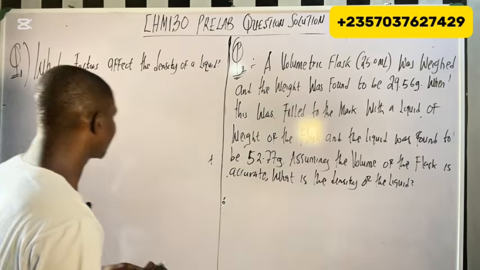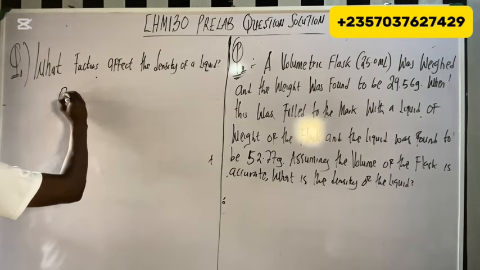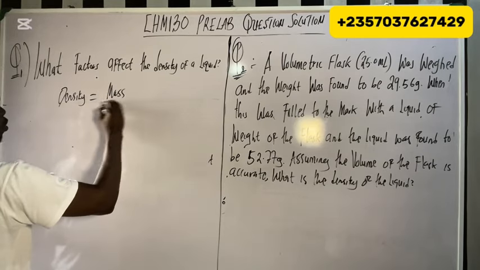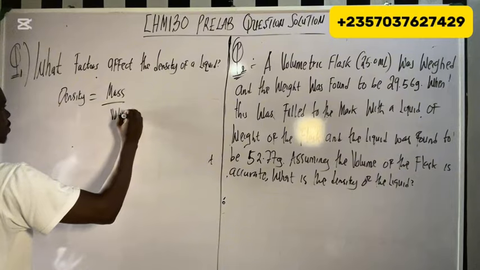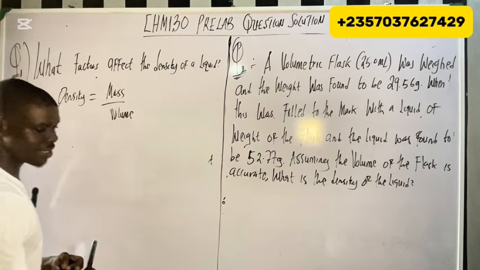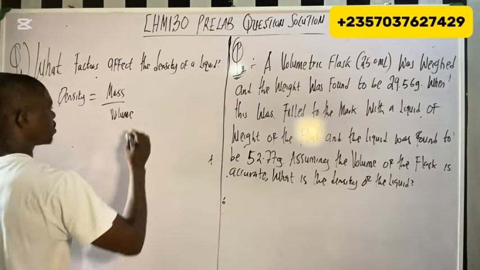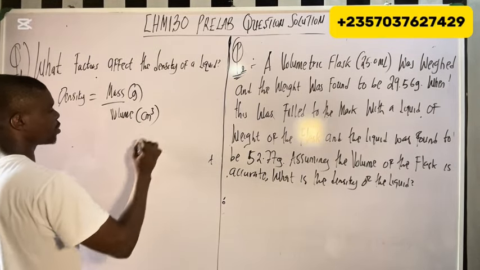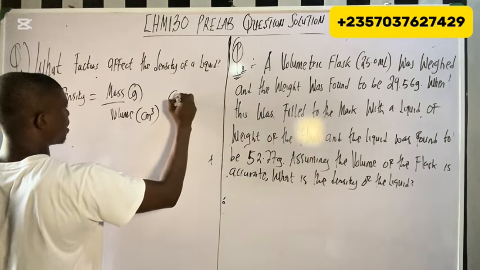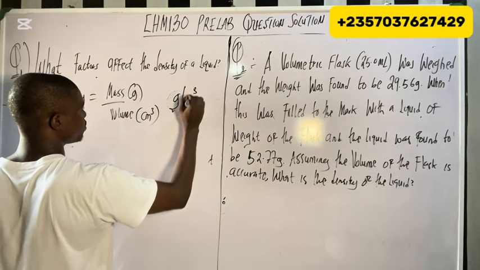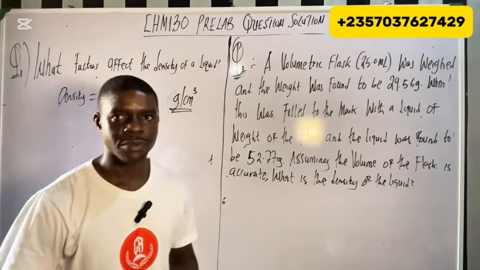Density is equal to mass over volume. Mass is measured in gram, and volume is measured in cm cube. So the unit is gram per cm cube.